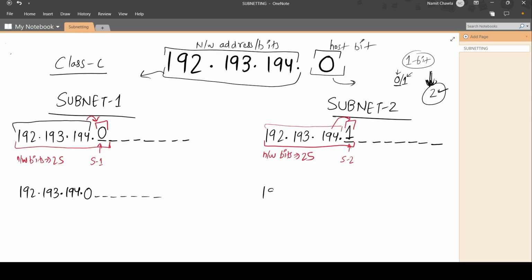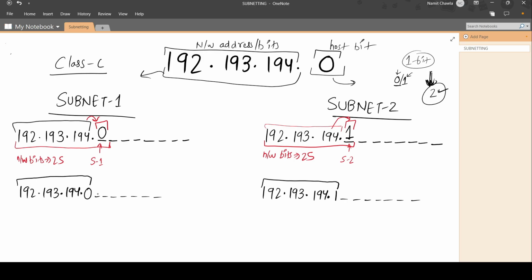On the right hand side I have 192.193.194.1 and 1 2 3 4 1 2 3. I'm not creating a dash for the 0 and 1 because it has been fixed now. So there are 25 bits in the network ID now. Over here as well, 25 bits in the network ID. Alright, as simple as that.